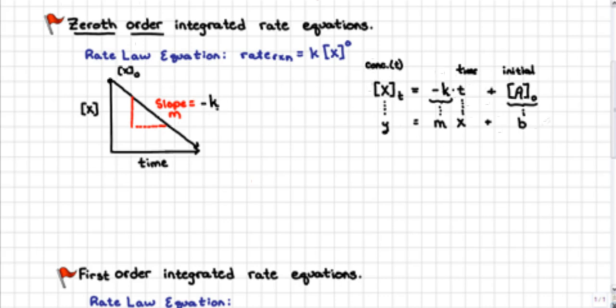Now, another thing that we can recognize from this graph is the half-life. The half-life is the amount of time it takes for half of X to be gone and half to survive. And so we'll look at the half-life here, going up from 0, which is in the lower left-hand corner, to the halfway point.